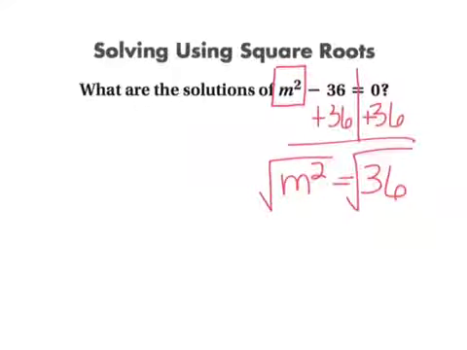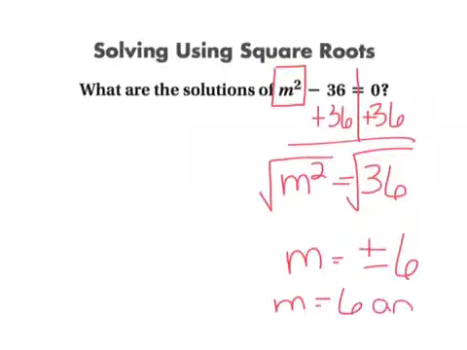So I square root both sides, getting me m equals plus or minus 6. Which you can write as 6 and negative 6, or you can just use that plus or minus symbol. That one has two solutions because this 36 is a positive number. This method should save you lots of time because now you don't need to do all that work to graph.